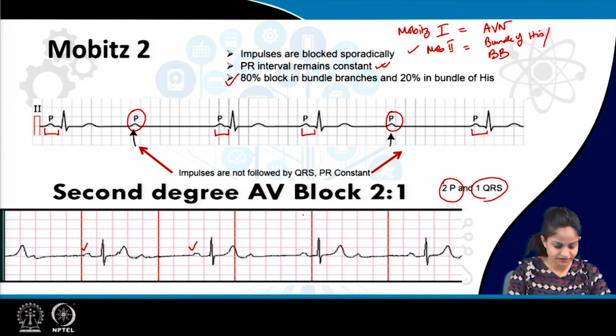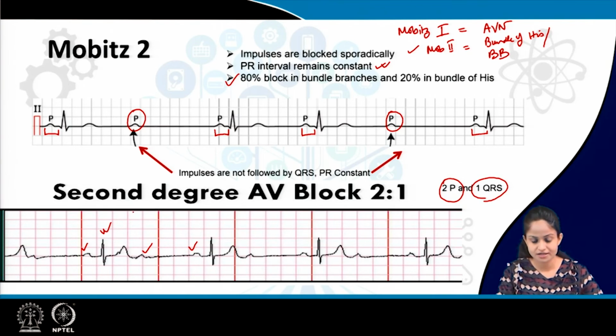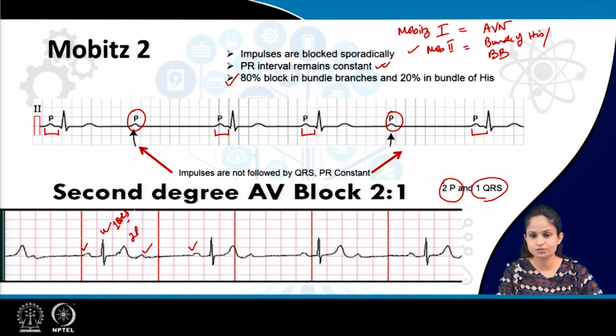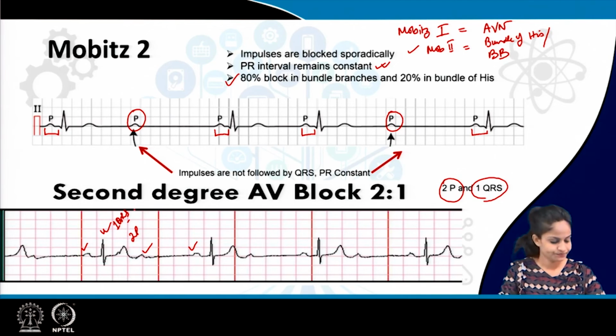Here we have the P wave, here we have the P wave, and we are getting 1 QRS complex. So, 2 P waves and 1 QRS, this is a 2:1 block. So, this is second degree AV block.